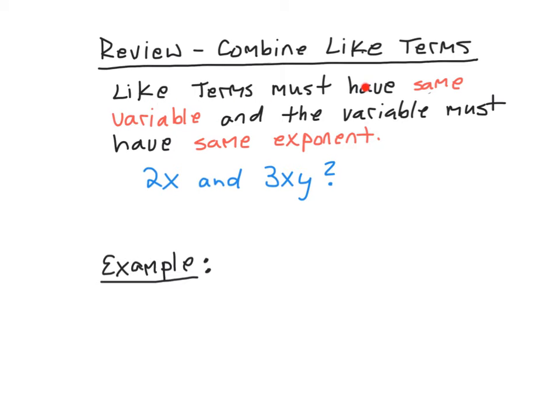It says like terms must have the same variable. Well, there's an x here, and then there's an x there, but there's also a y here, and there's no y there. Therefore, this is automatically not like terms. These are not like terms.